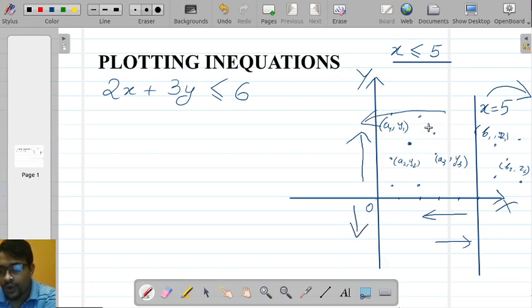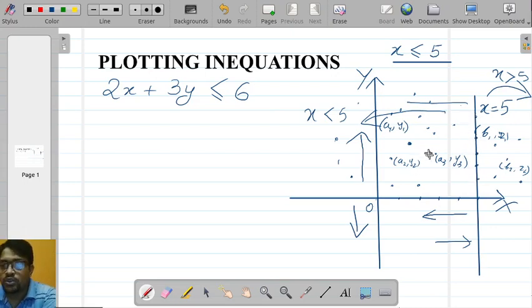Okay, so for any point here on the left of this x equal to 5, the value of x is actually less than 5. For any points on the other side, on the right side, the value of x is strictly greater than 5, and for points which lie exactly on the line, the value of x is exactly equal to 5.